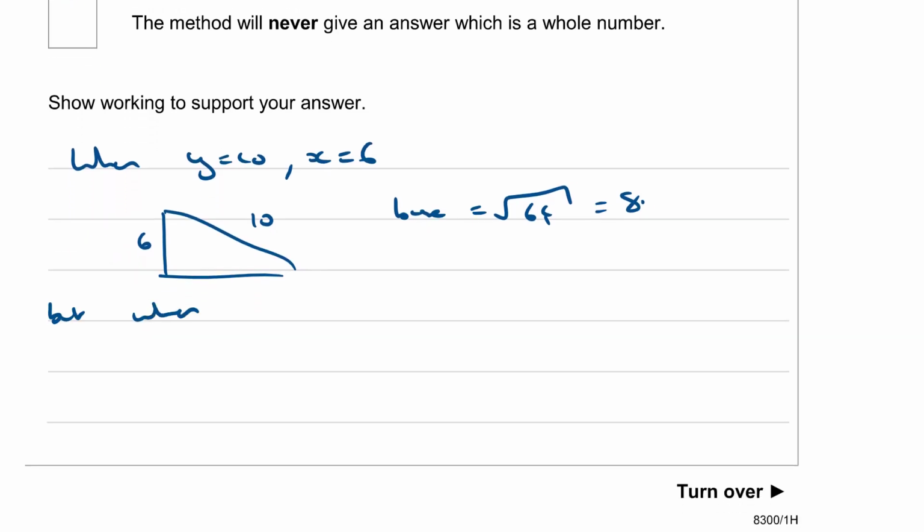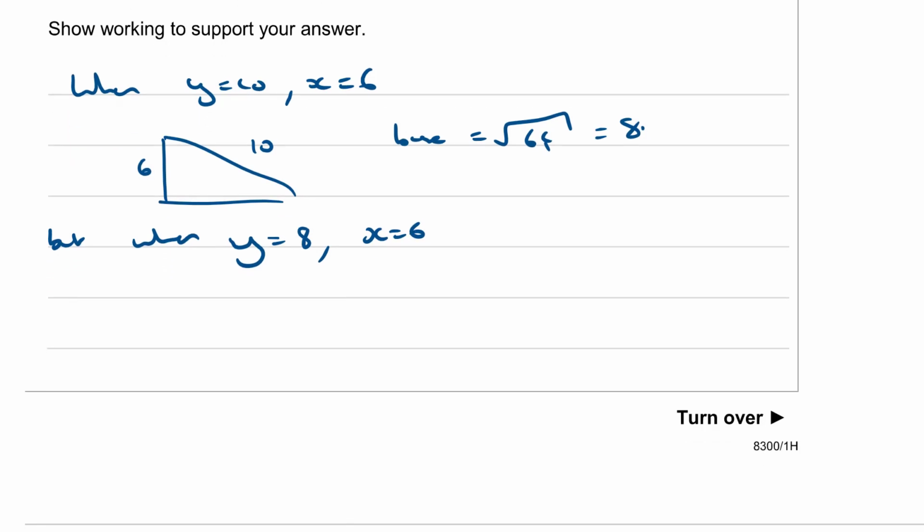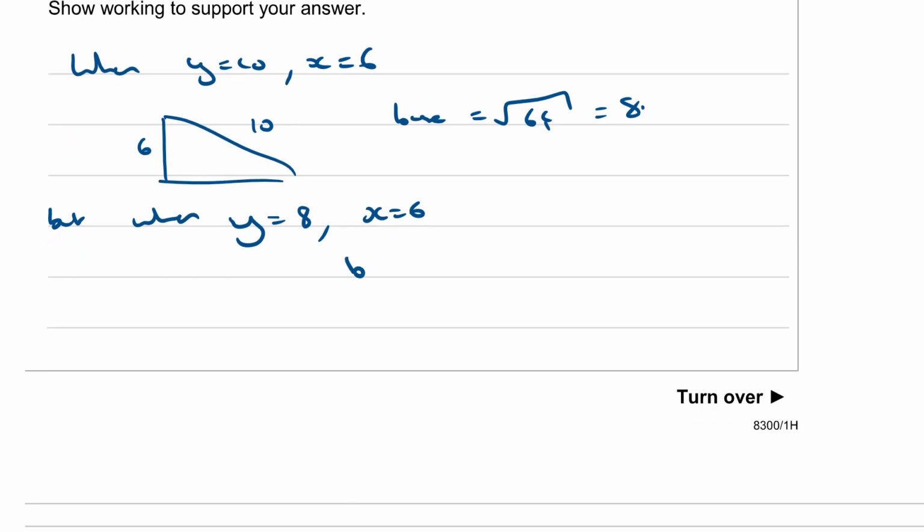But when, I don't know, we just change one of the values, I suppose. So let's change y to 8 and leave x equal to 6. Then the base is going to be equal to the square root of, the square of 8 is 64, subtract the square of 6, which is 36, square rooted. 64 subtract 36 is 28, and that is a decimal.